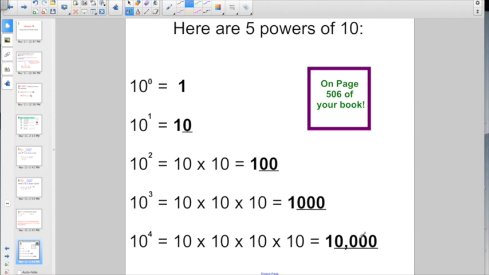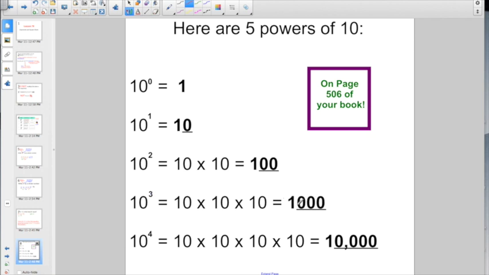Now, one handy dandy way of really keeping track of this, if you notice, the exponent will line up with how many zeros there would be. 10 to the 1st power, 10, there's 1 zero. 10 to the 2nd power equals 100. There's 2 zeros in 100. 10 to the 3rd power equals 1,000.